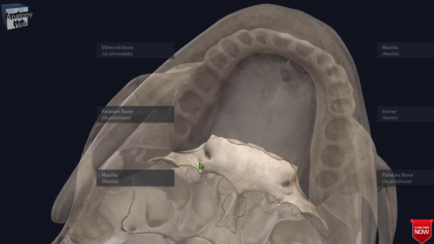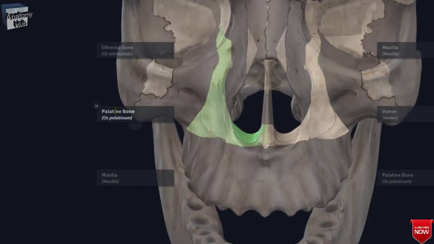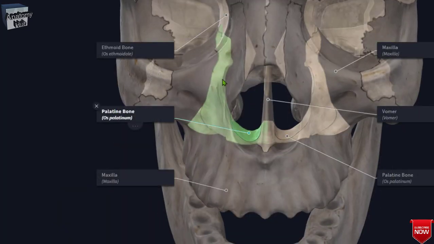The lesser palatine canal refers to one or more small canals running vertically through the perpendicular plate of the palatine bone, that ascends upward and reaches the pterygopalatine fossa.